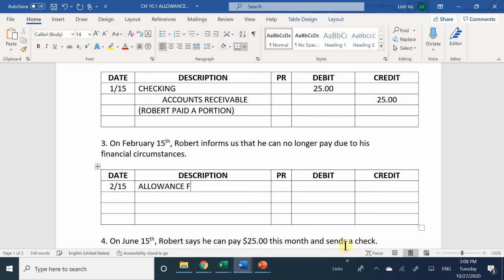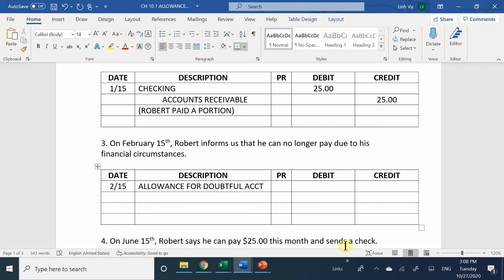He still may pay, but we're preparing in case he doesn't. We're basically transferring the amount that he owes and putting in a placeholder in case he does attempt to pay us again. But it's at risk for potential writing off the loss.